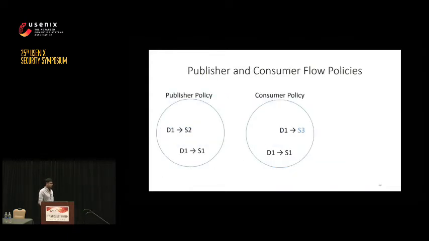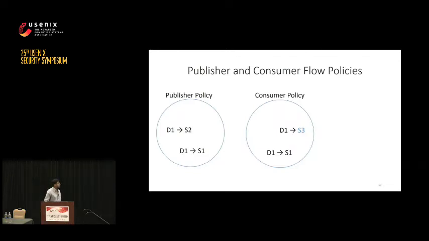So building on this label design, we come up with the idea of publisher and consumer flow policies to better support practical IoT apps. A publisher policy gives publishers of sensitive data, such as a heart rate monitor, a chance to express legal uses of all of its data.